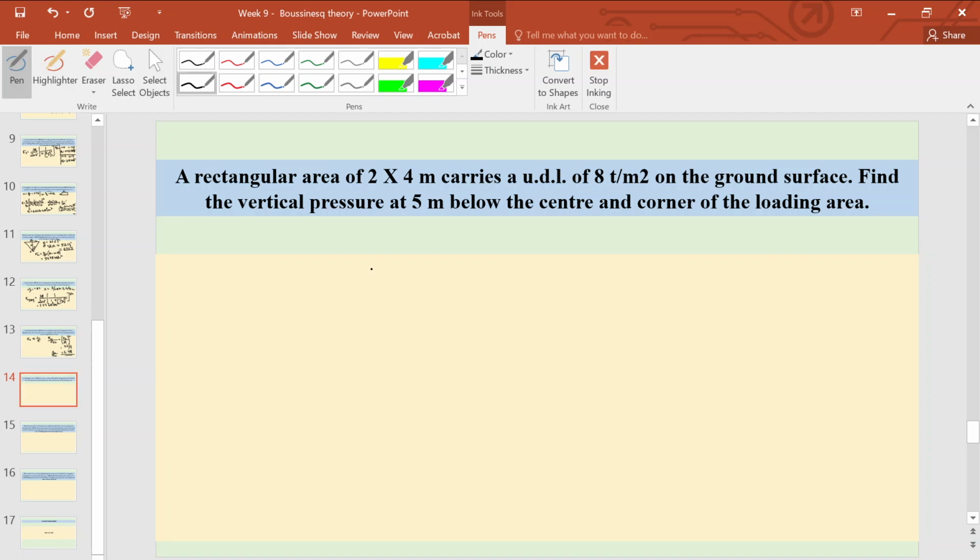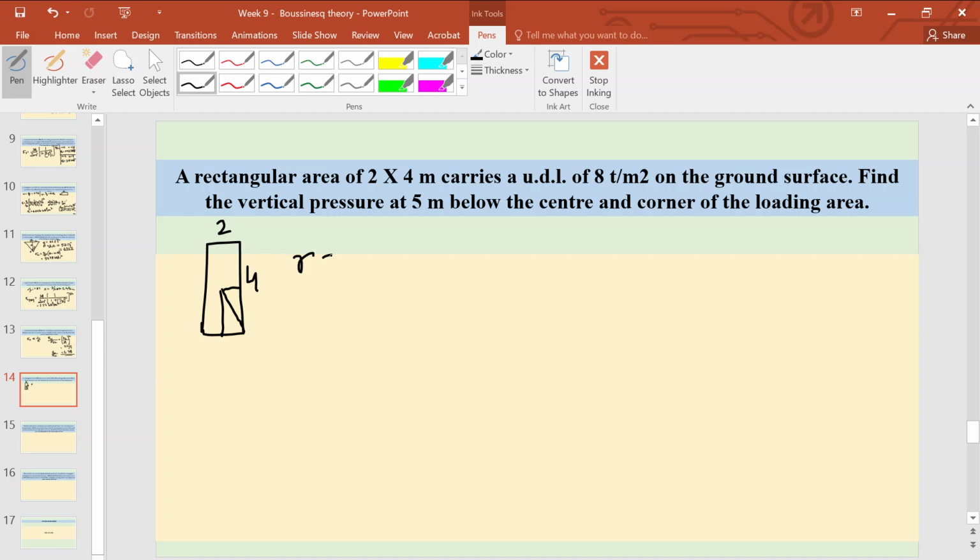Rectangular area. This one I will solve with the equivalent load method. What is the answer you have got? Center and the corner. So this is the loading area, 2 by 4. What is the radial distance towards the corner?